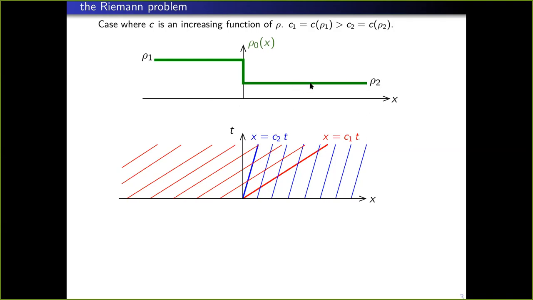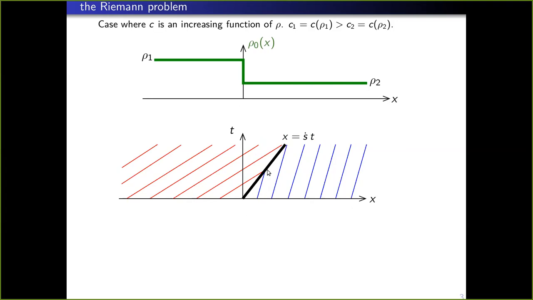In the domain x positive, the velocity is c2, so one has characteristics which are straight lines of velocity c2, and the limiting case here is x equals c2 t. So indeed, here one has a shock since characteristics cross. And the solution is simple. That's here.